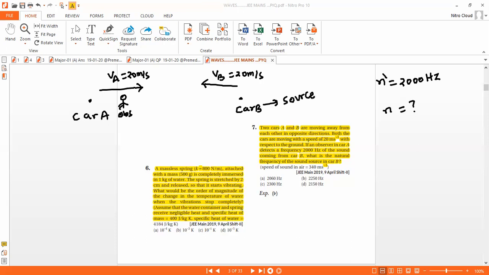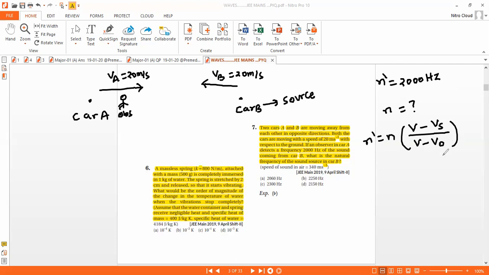Speed of sound, it is this one, 20. So that means we can write our formula: n dash equal to n times (V minus Vs) by (V minus V naught).